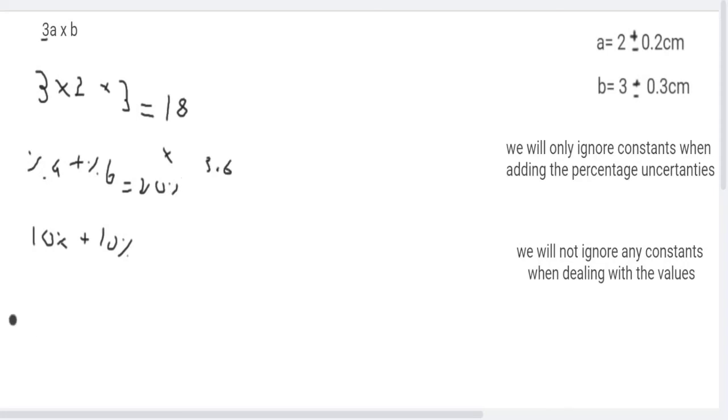So I get my final answer as 18, which was the value that I got from 3A times B. So I write 18 plus or minus the error which I get from multiplying that value with my percentage uncertainty in A and B, which was 20%. So 20% of 18 was 3.6. So I write my error as 3.6.